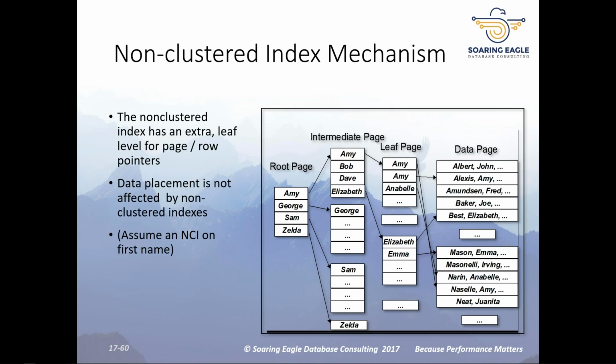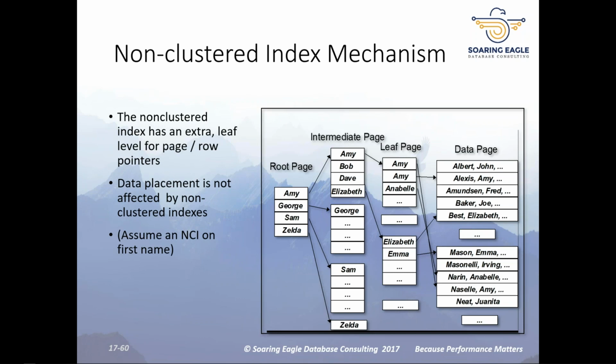Measuring this, well, you can always look at the physical data pages, but it's very difficult to measure the difference between 3 page requests and 4, unless you're doing it a million times, in which case it really does add up. So we tend not to worry about adding one more non-clustered index from an overhead standpoint.